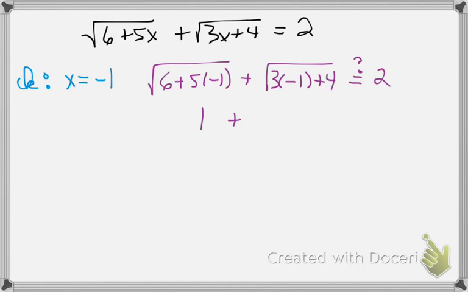In that second one, isn't that negative 3 plus 4, which is 1. And the principal square root of 1 is 1. 1 plus 1 equals 2. Does 1 plus 1 equal 2? Yes. Are you guys confident in that? Yes. So then that one worked out. Negative 1 is a good solution. Go back and check 15.